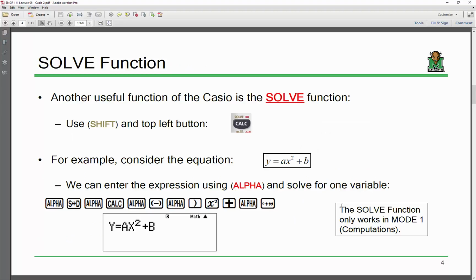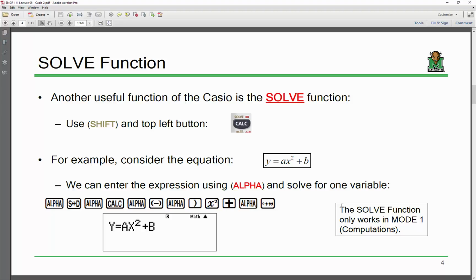Next is the solve function, and this is one of the more powerful tools of the calculator. The calculator, using an iterative approach, basically making better and better guesses, can get you a really accurate answer for just about any equation that you want to solve.